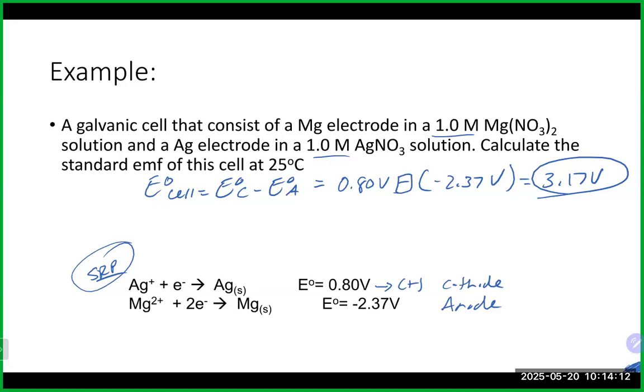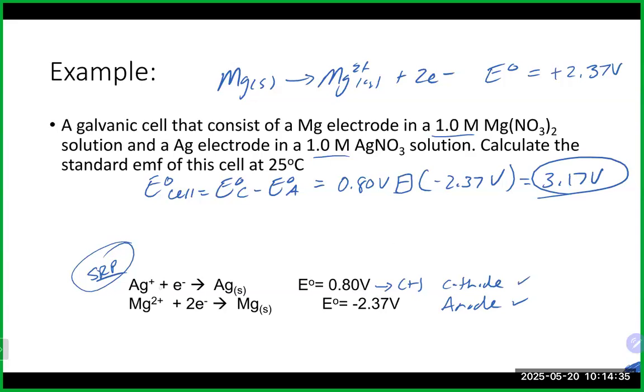Again, if you're looking for the balanced equation, this would be the one that technically needs to be reversed. And that would get you magnesium going to magnesium with a +2 charge and 2 electrons. And technically speaking, since we reversed it, our E value here would now become positive 2.37 volts. This is our cathode, which means it's good to go, but we do need to multiply it by 2 to get the same number of electrons.